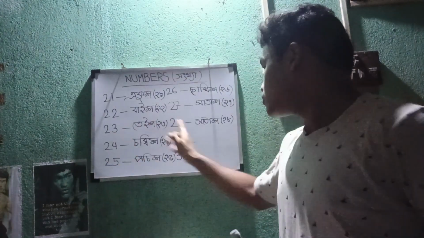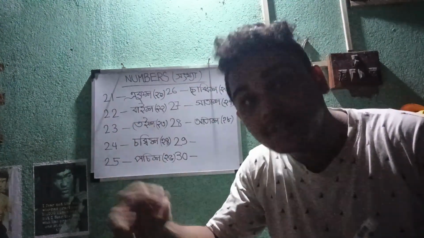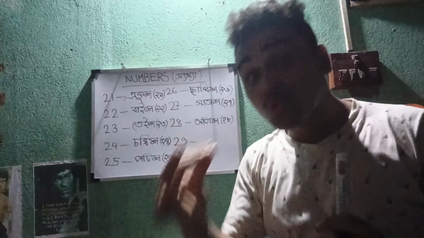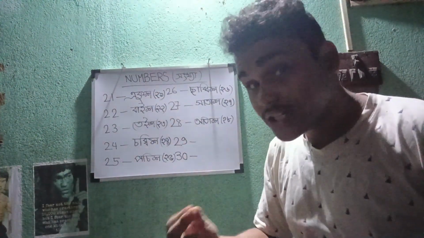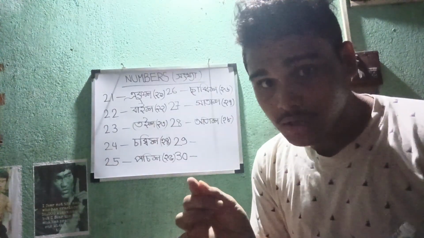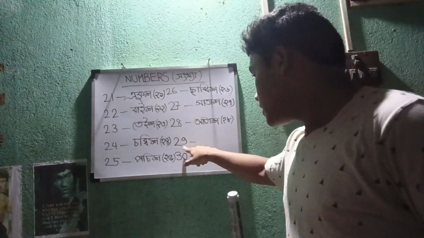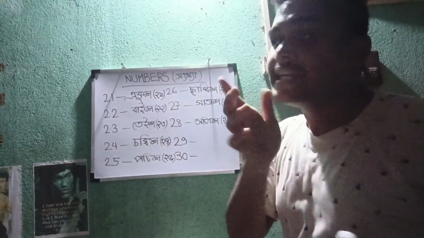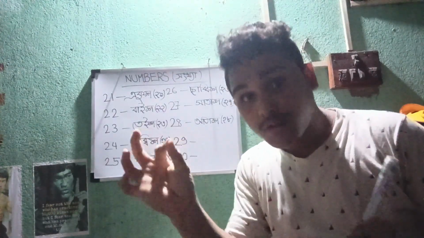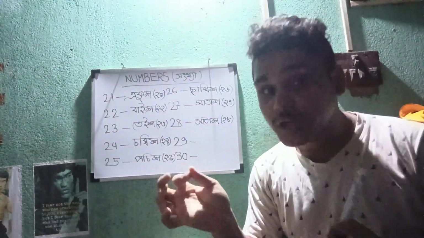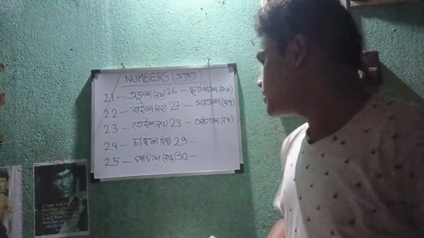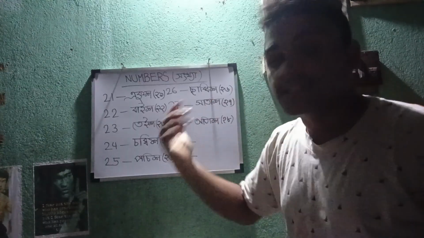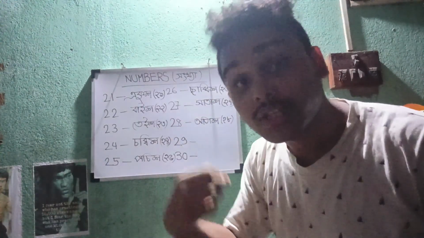So 29 will be uno tirish. For 19 here it is un, and for 29 this is uno, and this is tirish. So 29 means uno tirish.